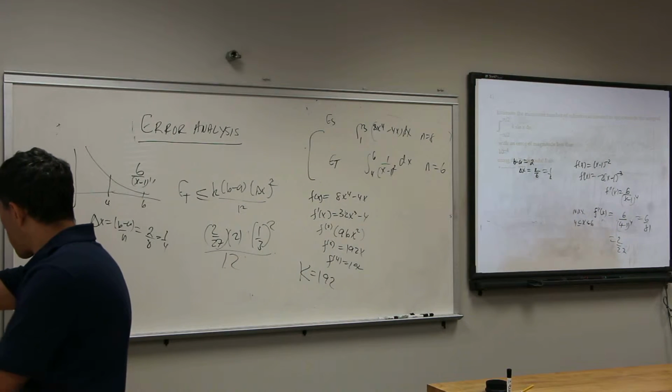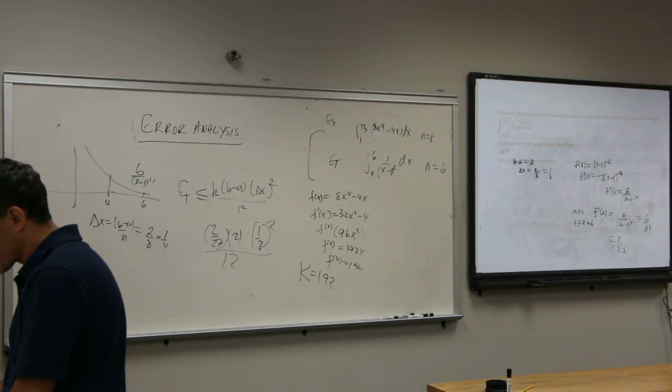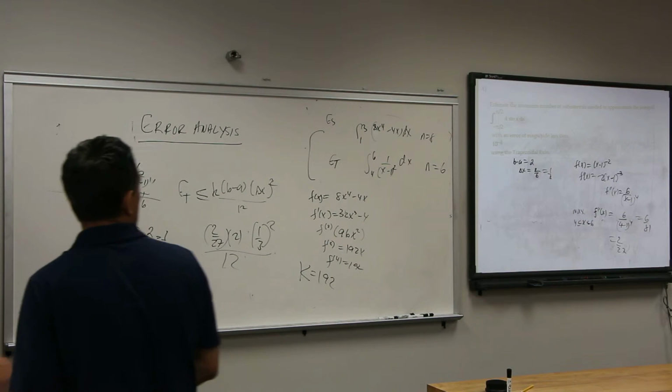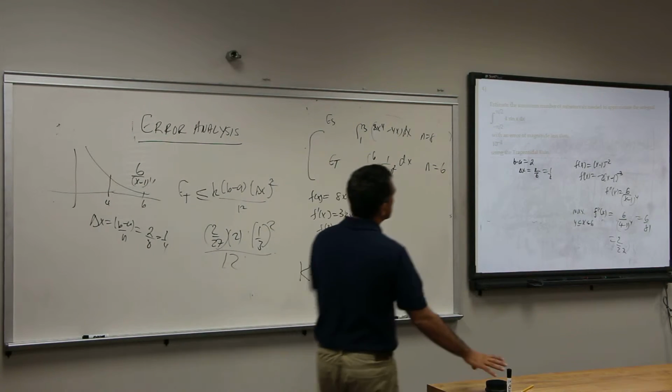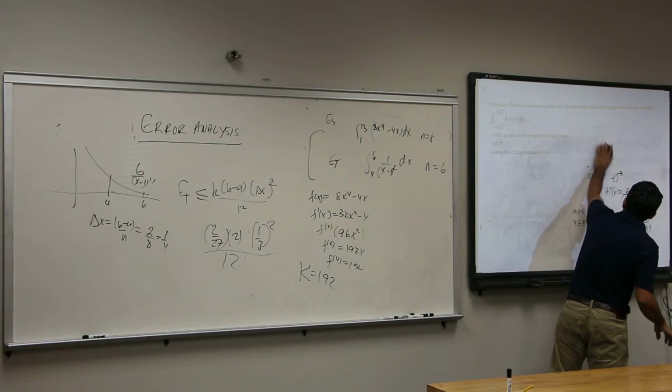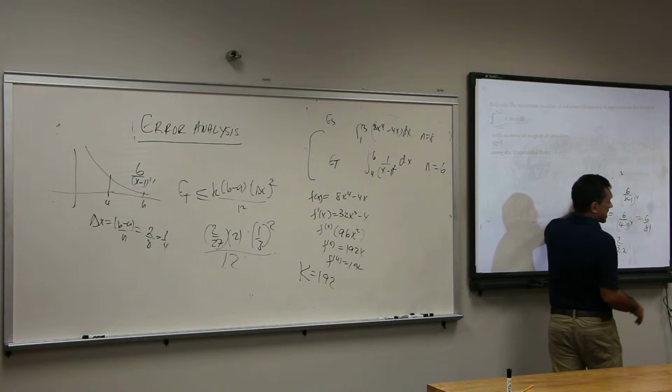So I want to approximate that integral using the trapezoidal rule. The integral from negative pi over 2 to pi over 2 of 4 sine x.